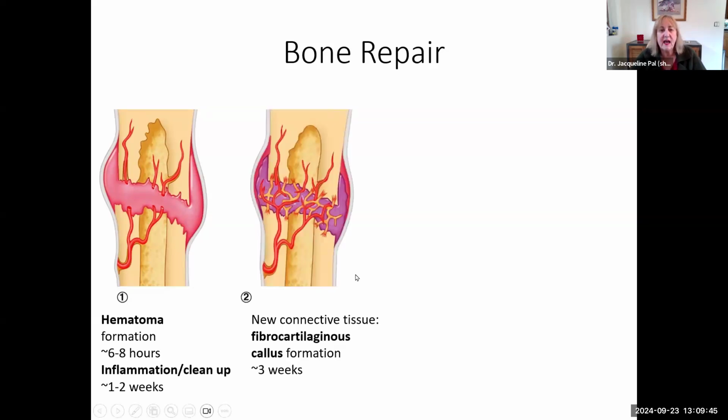The second step is now where we are going to make new connective tissue. So we're going to take some of those fibroblasts, they're going to start making fibers, and then some of them are going to get new signals and they're going to start making cartilage. And the cartilage that we are going to be making here is actually fibrocartilage.